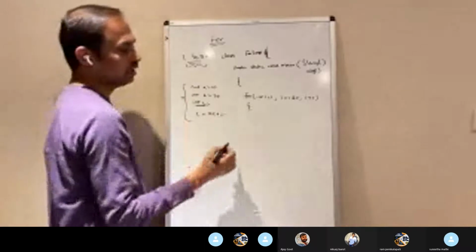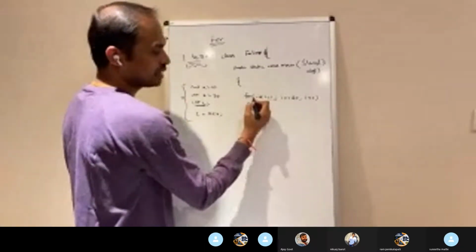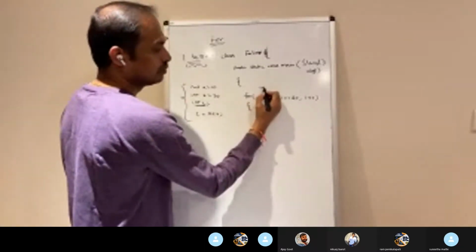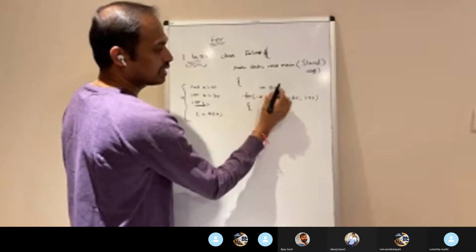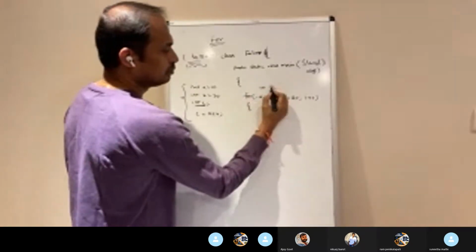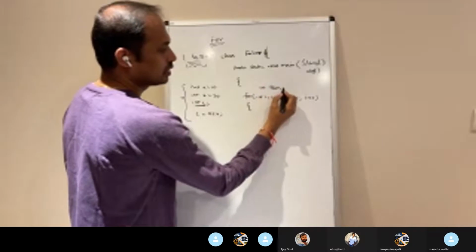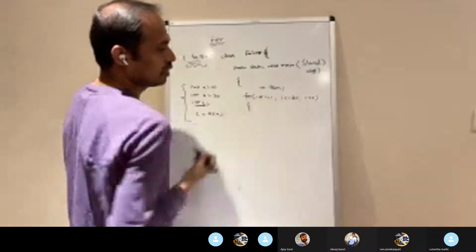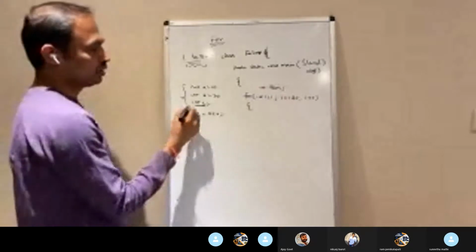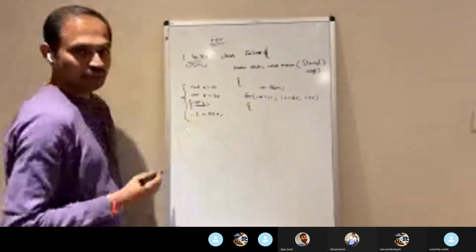The same way here, we need to initialize before we start the for loop. So int sum, I'm initializing sum.